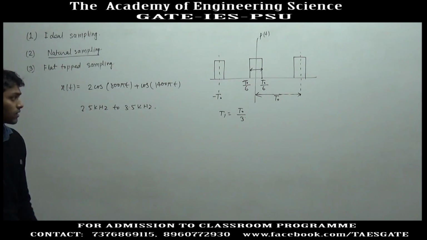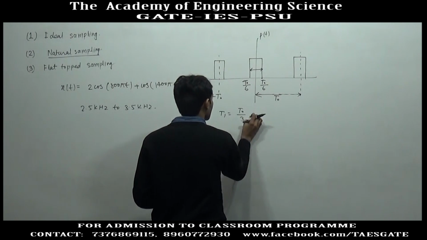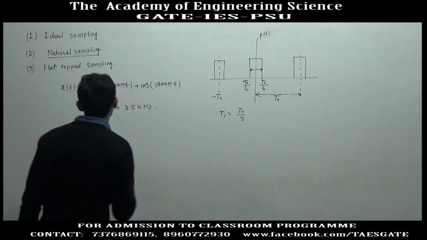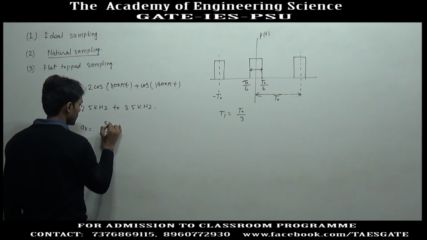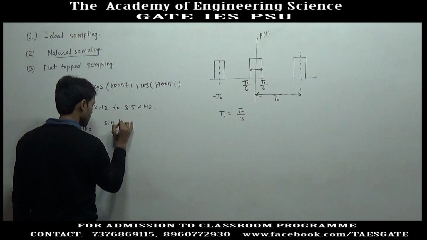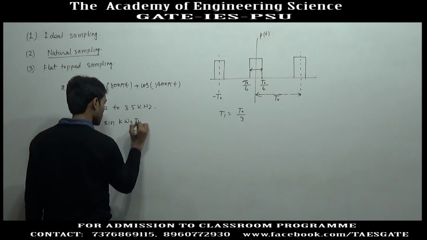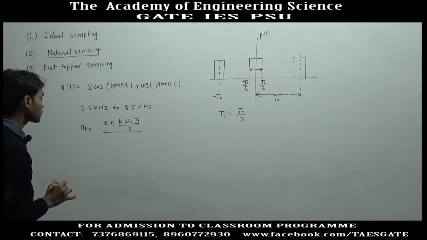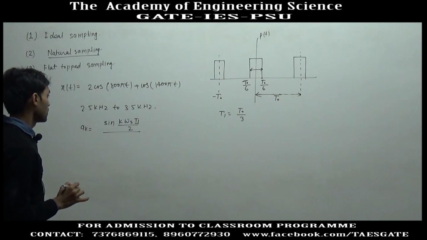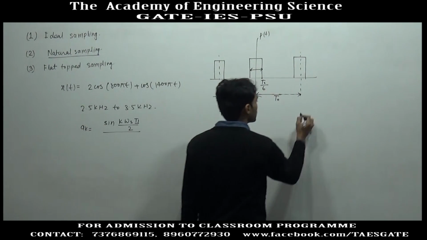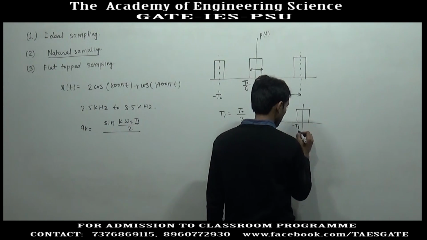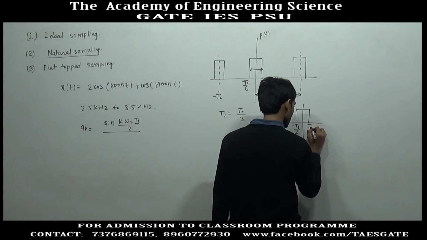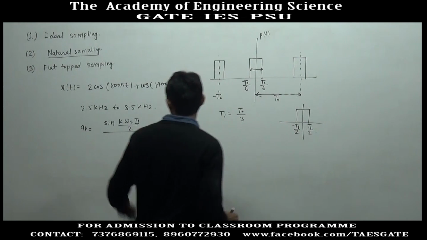So, for this p(t), we write ak equal to sin(k omega s T1 by 2), where T1 is the pulse width, divided by k pi. In our derivation we used minus T1 by 2 to plus T1 by 2, and then we got this formula.